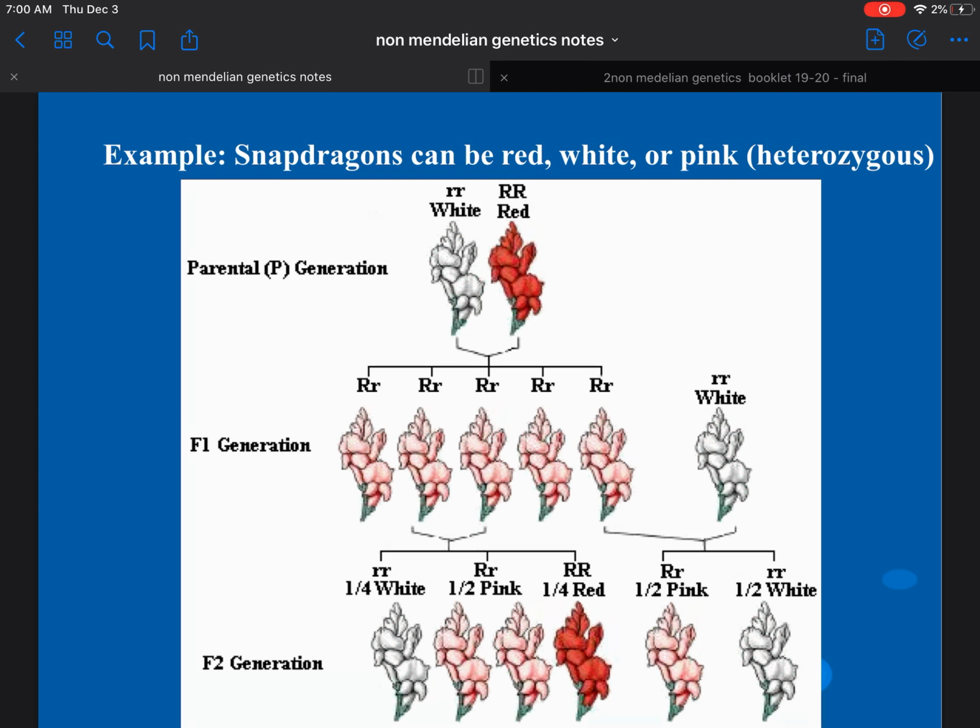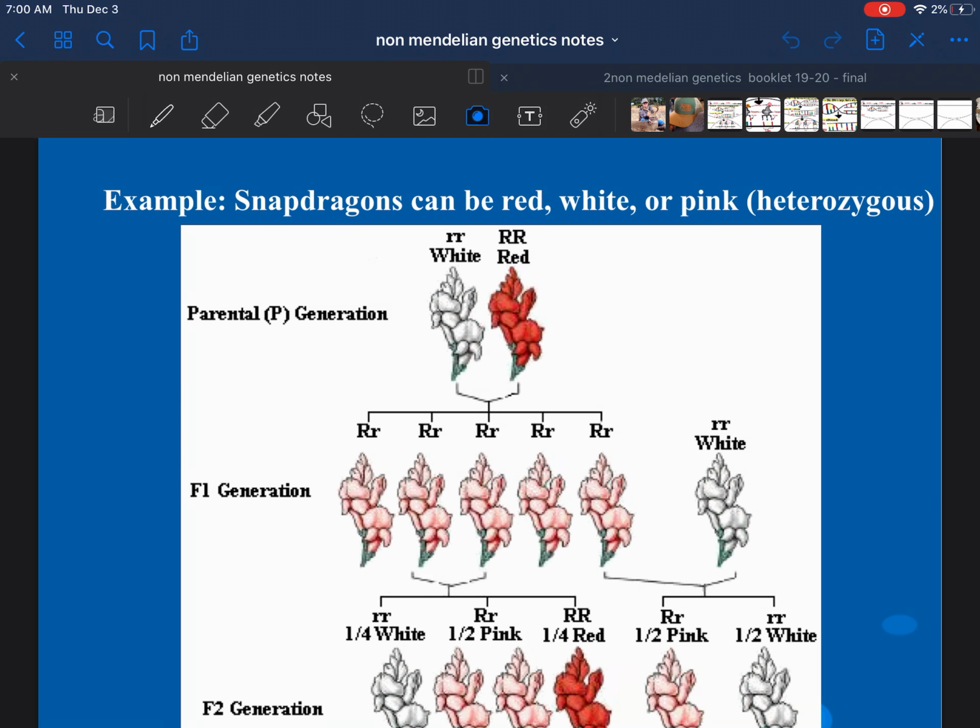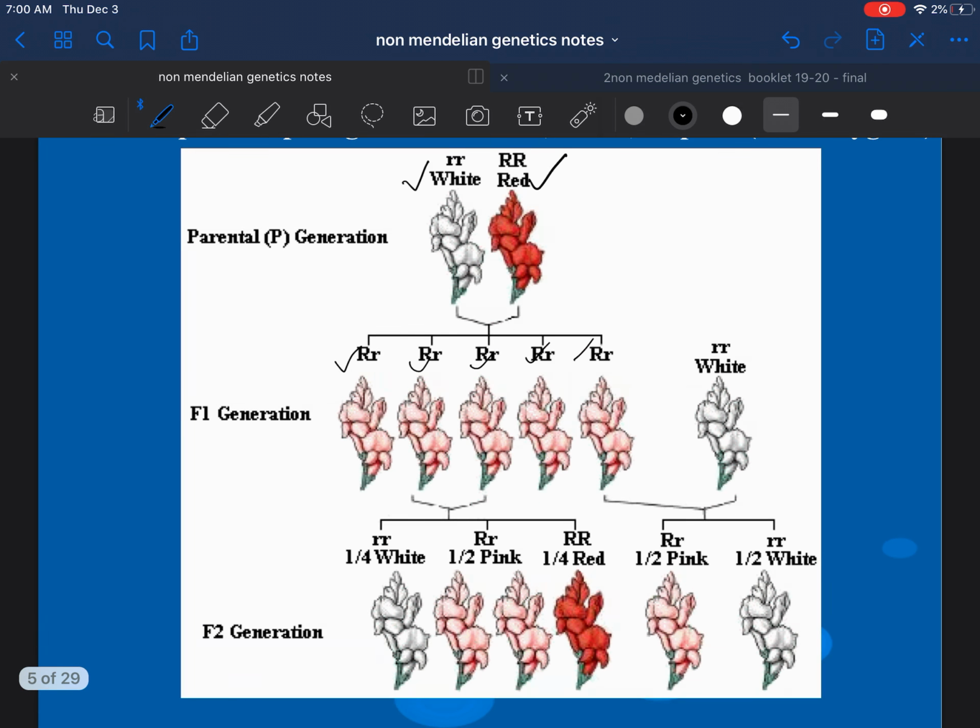So some examples would be like a snapdragon. Snapdragons can be red or white or pink. So in this case, we have a red mixing with a white, and we created a bunch of pink. And here, a pink snapdragon falls in love with a white snapdragon, and they create half pink, half white.